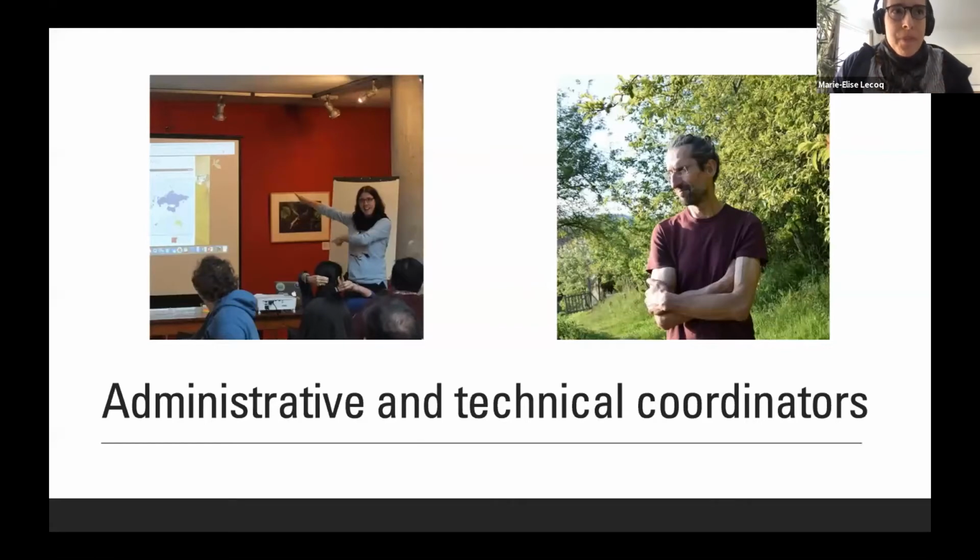The community really started in 2013, but the first couple of years were to be sure that we would be able to use this platform for our national or thematic data portals. For 2 years now, we decided to go a little bit further, and for this, GBIF and the community decided to hire an administrative and a technical coordinator. So I'm the administrative coordinator, and Vicente, who also works at GBIF Spain, is the technical coordinator.